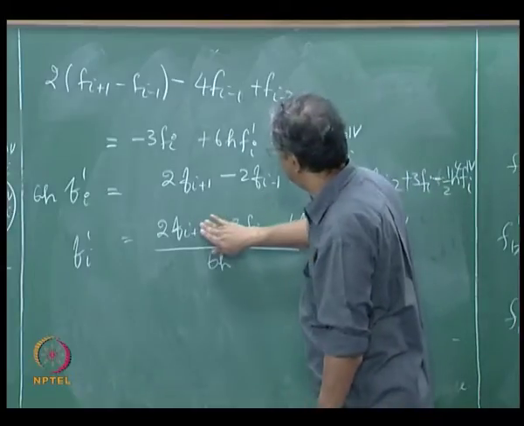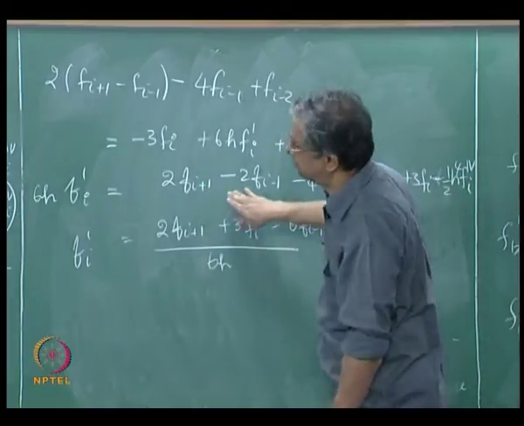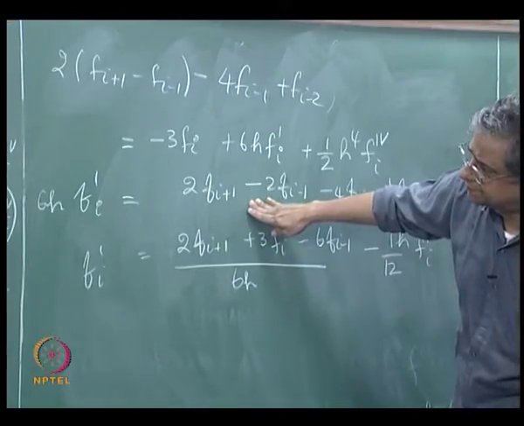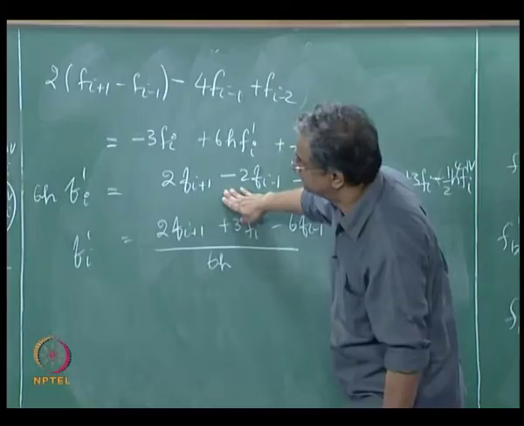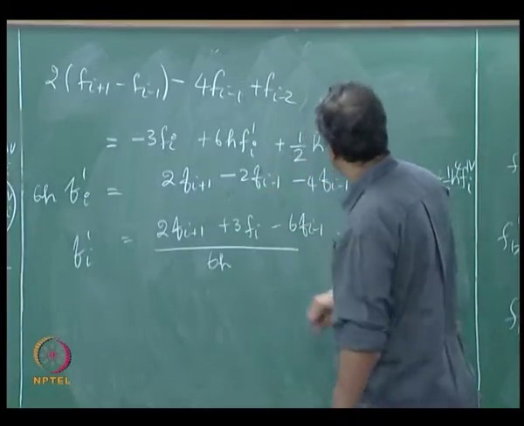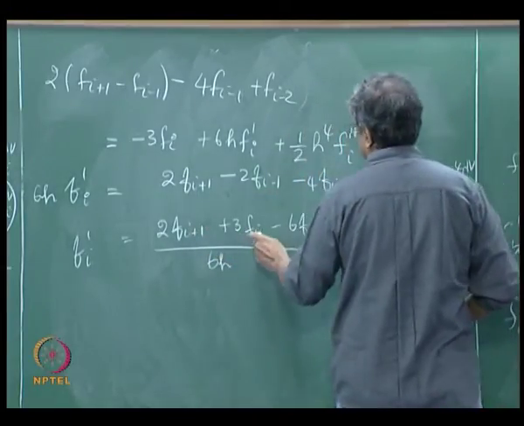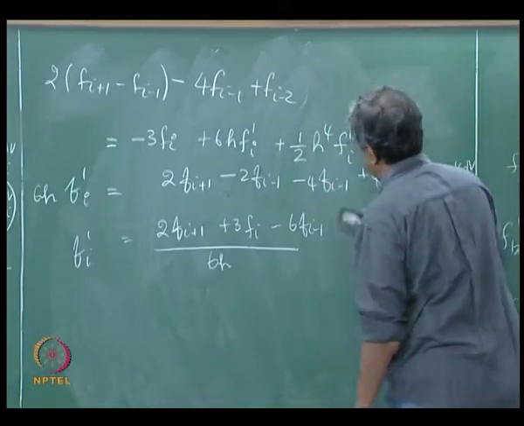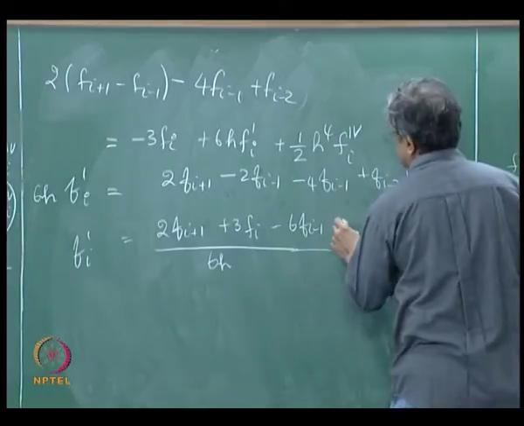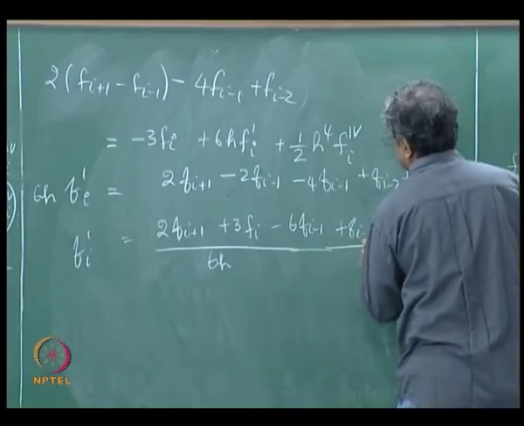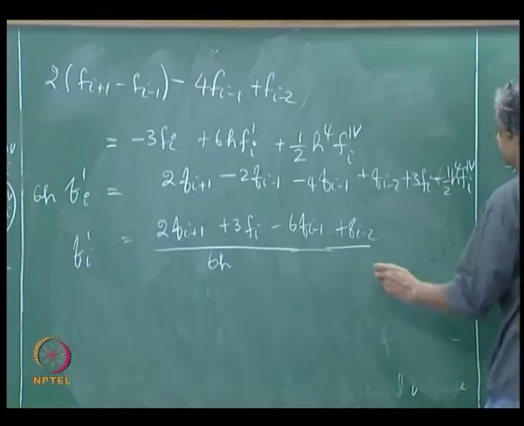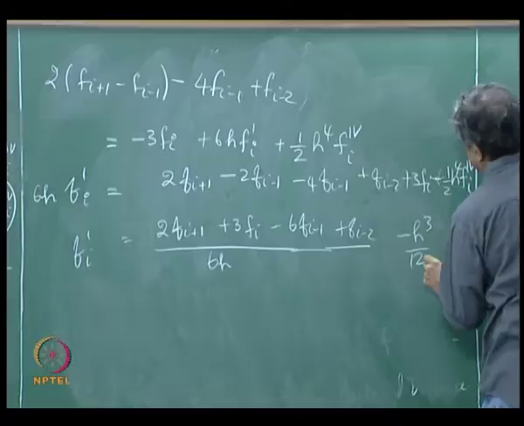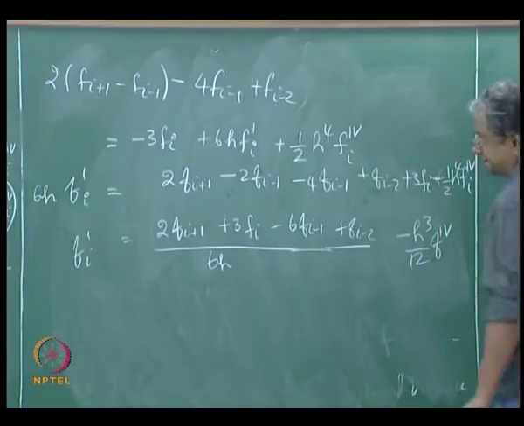I'm sorry, where did I get an f(i+1)? It is f(i+1), f(i-1), f(i-2), minus h cubed by 12 f fourth derivative.